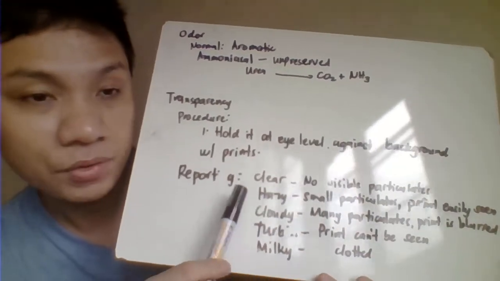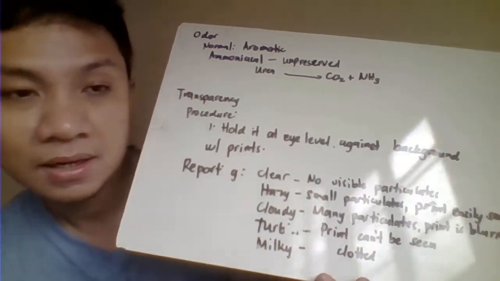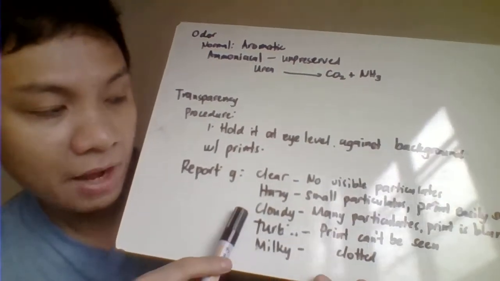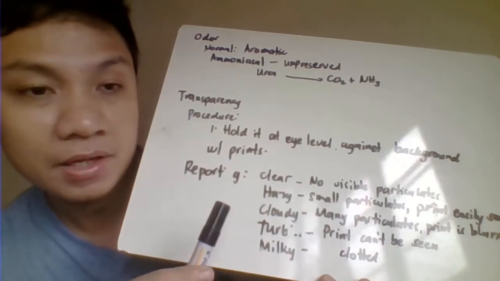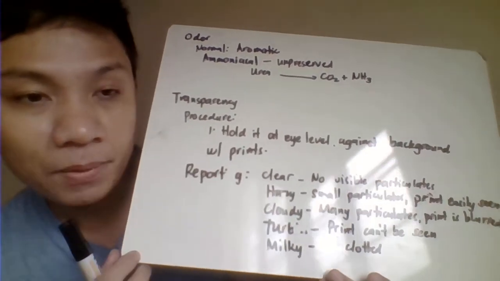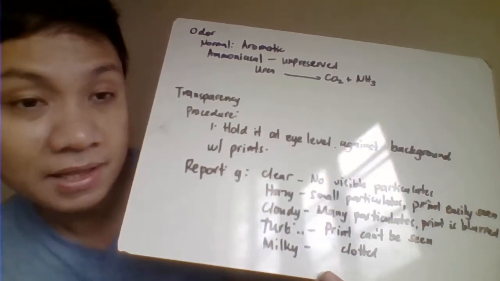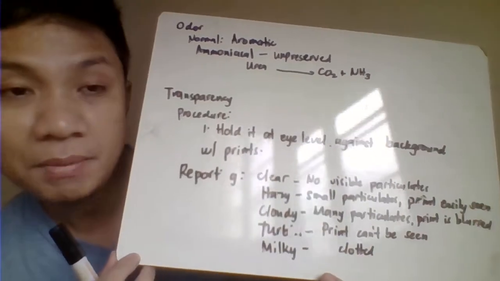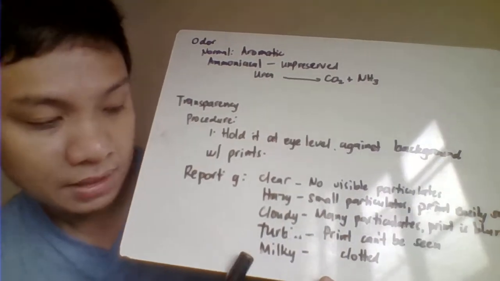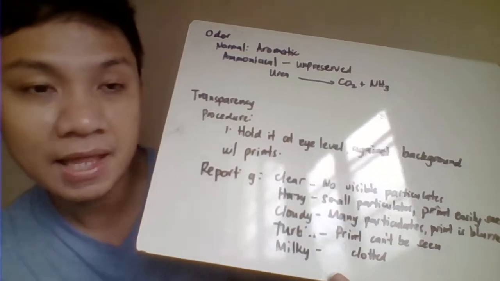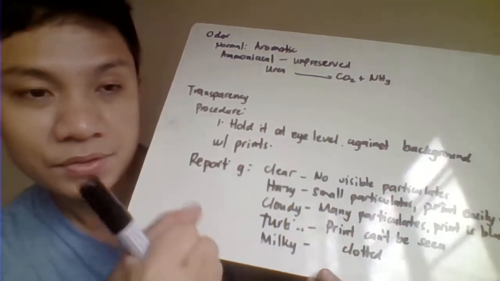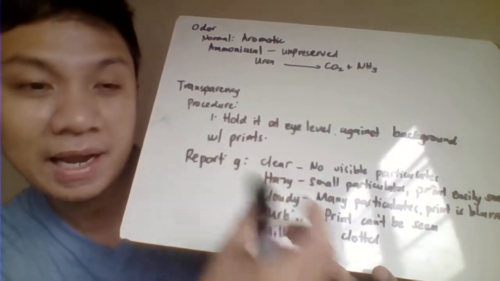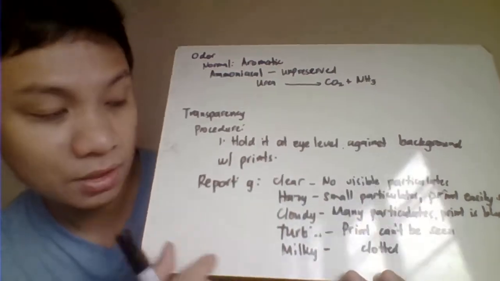Hazy if you are able to see small particulates and can still read the print in your background. Cloudy, so there are many particulate matter and your background becomes blurred. Then we have turbid specimens, where you can no longer see the print. And milky, where it is clotted, with coagulum, so very turbid with clots.